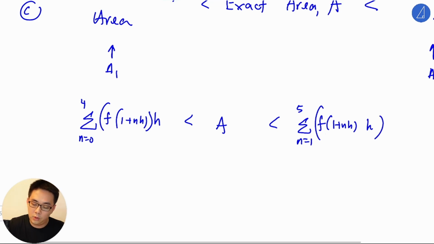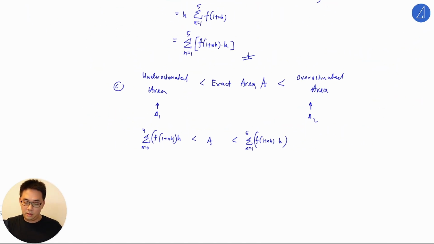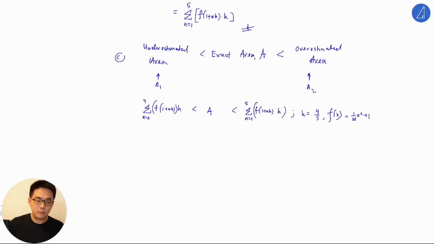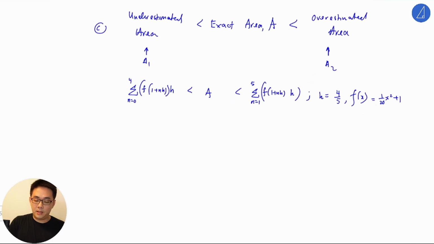Okay, good job. Great. Then you just chunk in all the values now. You know that h is equals to how much? h is equals to 4/5. And f(x) is equals to how much? 1 over 20 x squared plus 1. Then you know that this is a lower bound, upper bound.